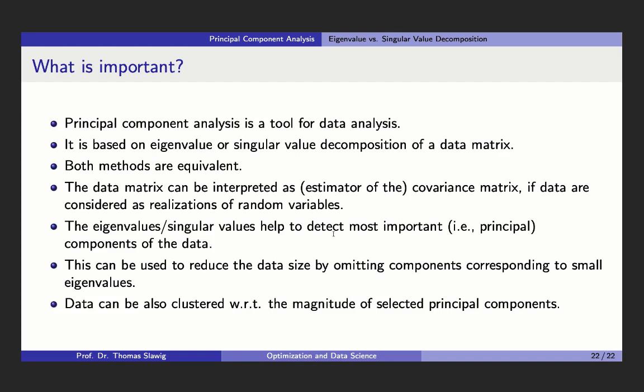So this is an interpretation. And we can use the eigenvalues and singular values to detect the most important, that means the principal components of the data. And this can be used to reduce the data size by omitting components. This is the thing that we already had when treating the singular value decomposition the first time in the lecture on regression. And we can also use it for data clustering. And that's it.